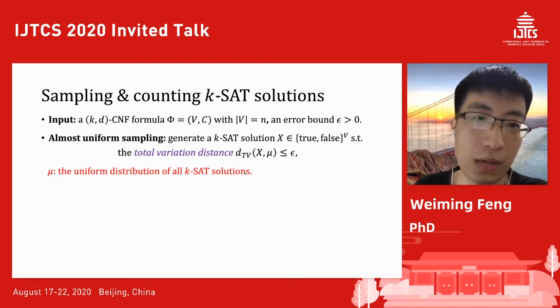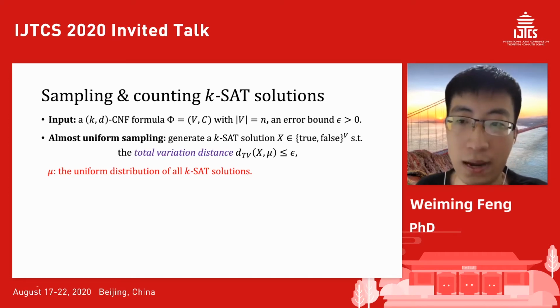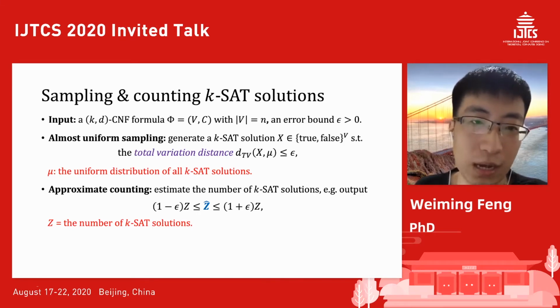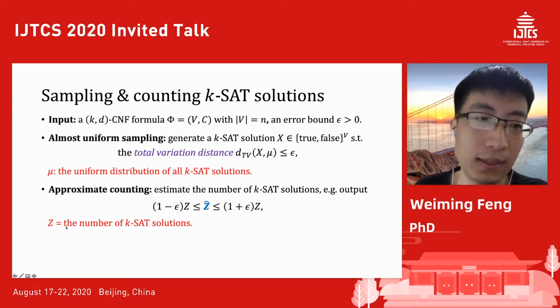The algorithm should output a random solution x, such that the total variation distance between x and mu is bounded by a given bound epsilon. The counting problem requires estimating the number of different solutions. The algorithm should output a number Z hat, which is an epsilon-approximation to Z. Here Z denotes the number of k-SAT solutions.